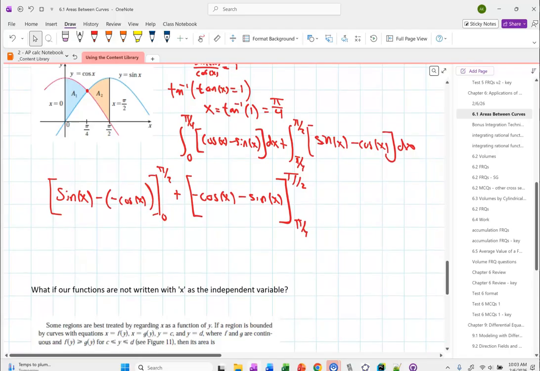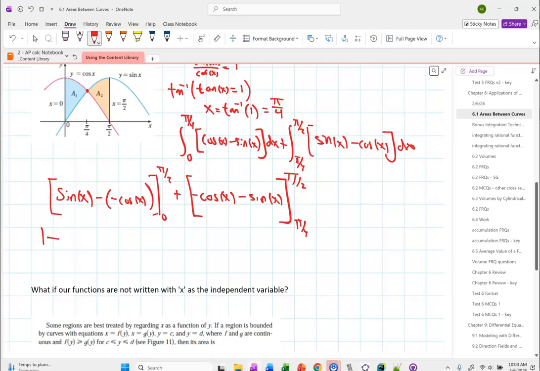So sine of pi over 2 is 1. Cosine of pi over 2 is 0. Sine of 0 is 0. Cosine of 0 is, so what am I going to get here? Oh my God.